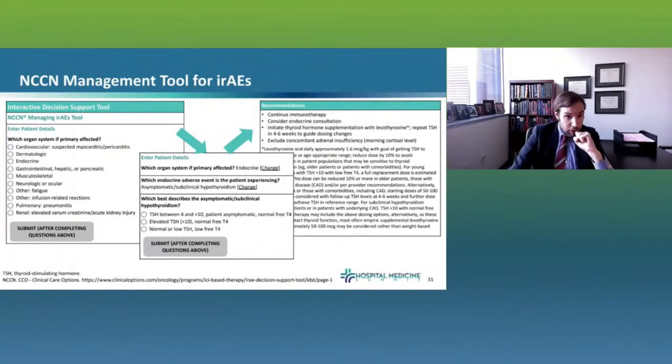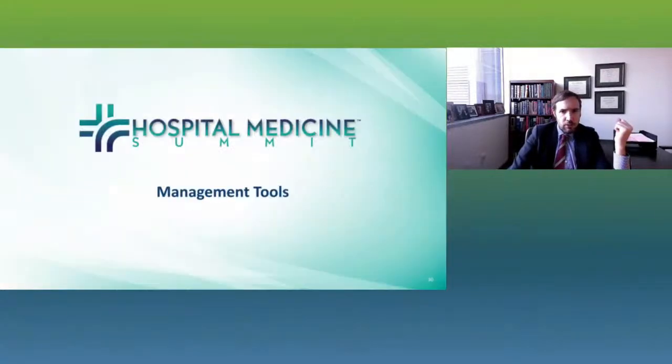So these management tools for immune-related adverse events. This slide in particular is looking at immune-related adverse events in regard to immune therapies like PD-1, PD-L1, CTLA-4. So this is not really where CARTOX is going to fall in. That'll be on later slides. But this allows you to look at what organ system is involved. Is the patient coming in with a rash? Is it a dermatologic issue? Is it an endocrinopathy? Is the patient coming in with new adrenal insufficiency or new diabetes?